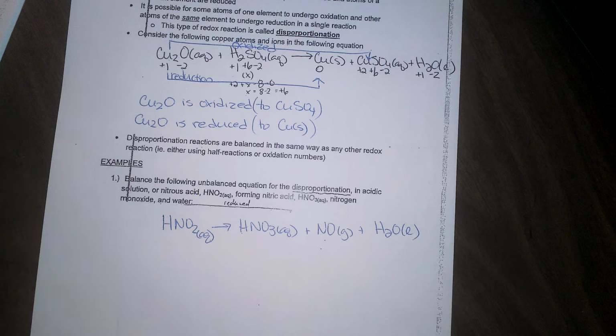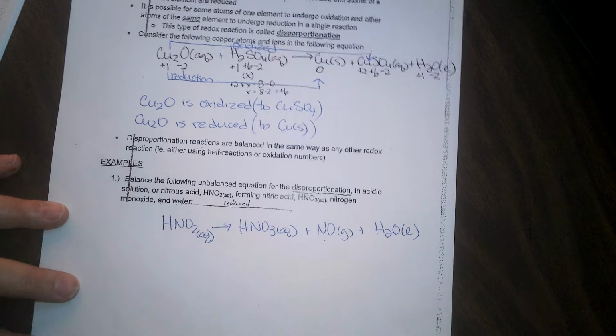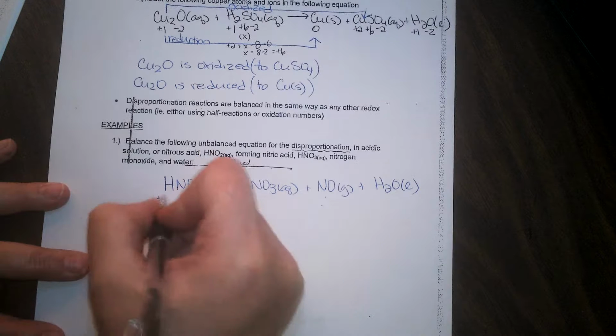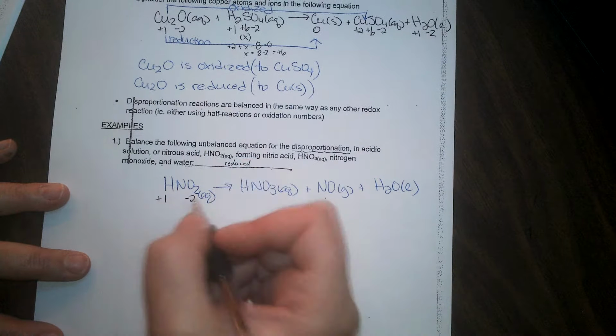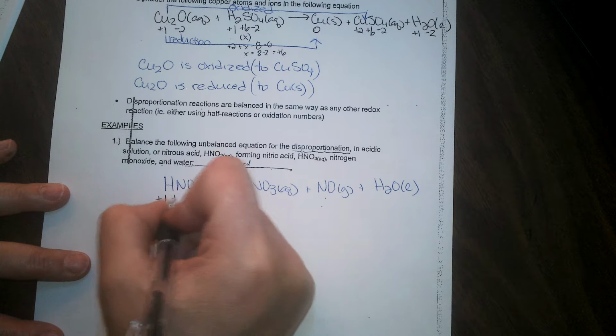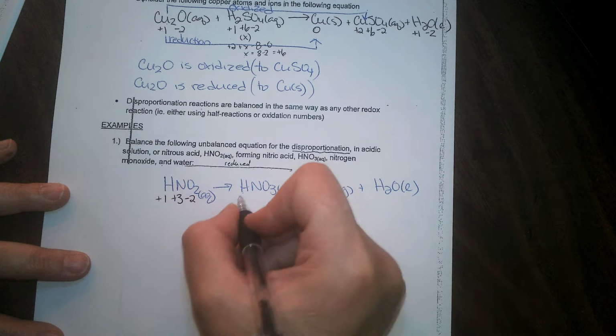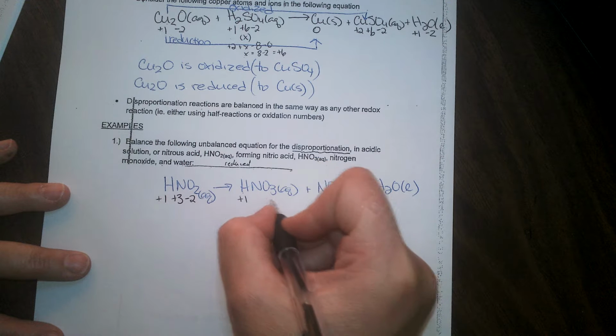Okay, so that's what we get. We're going to start with some oxidation numbers, just so we know what's changing. Hydrogen, oxygen, nitrogen, hydrogen, oxygen, nitrogen.